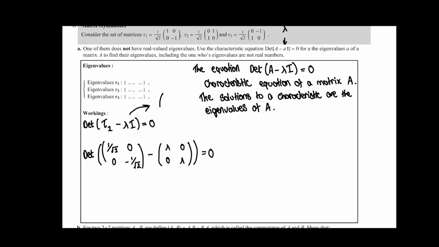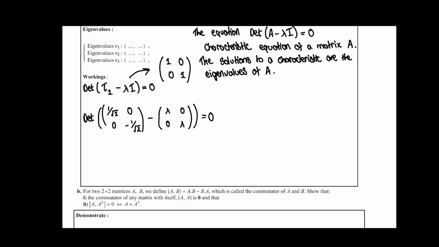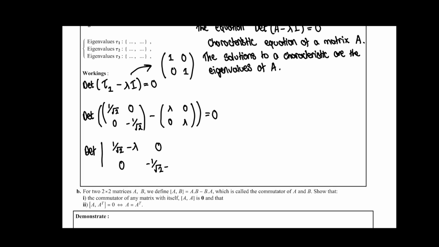Hopefully we know that the identity matrix is 1, 0, 0, 1, and all I've done is multiply by lambda. So now we need to find the determinant of the matrix 1 over root 2 minus lambda, 0, 0, minus 1 over root 2 minus lambda.